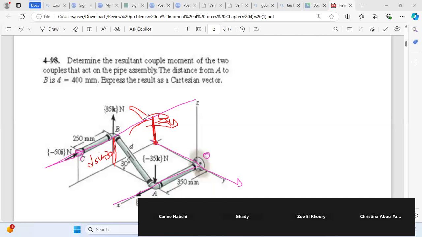Now for the moment about z, I extend this line; the perpendicular from this line to the z-axis is this distance, which is d cosine 30. Again, if I curl my right hand, my thumb points downward, so it's along negative z.